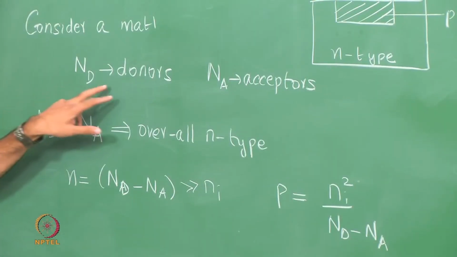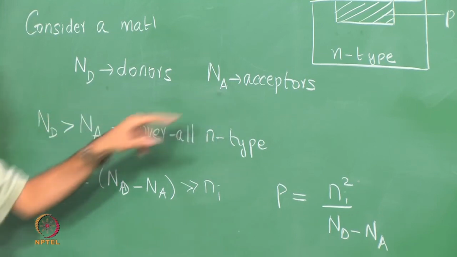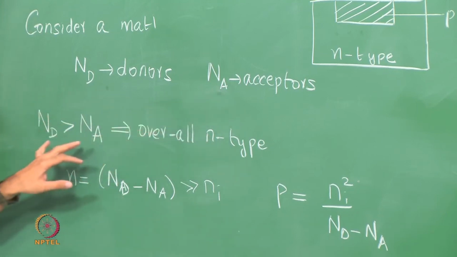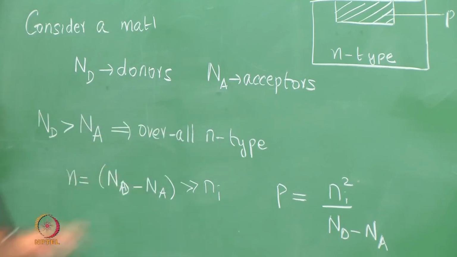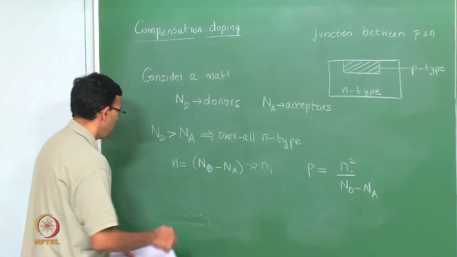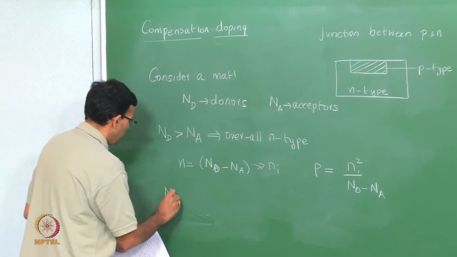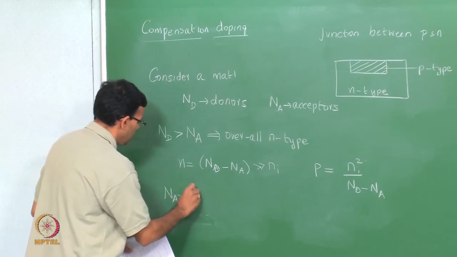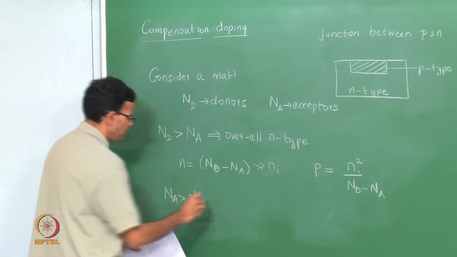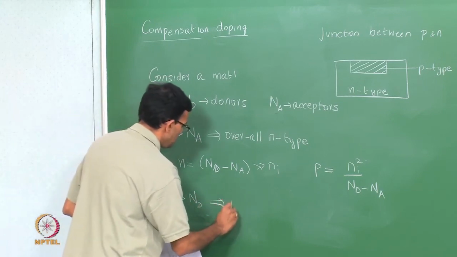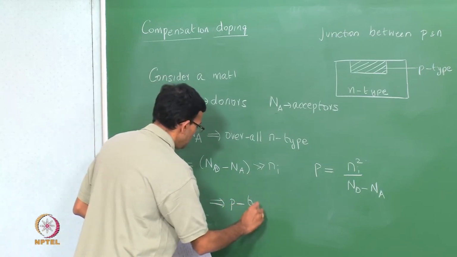The concentration of holes is then Ni square over Nd minus Na. So, we have both donors and acceptors, but if the concentration of donors is more than acceptors, the material is said to be overall n type material. On the other hand, if you have Na greater than Nd, it is the reverse case. Overall it is a p type material.